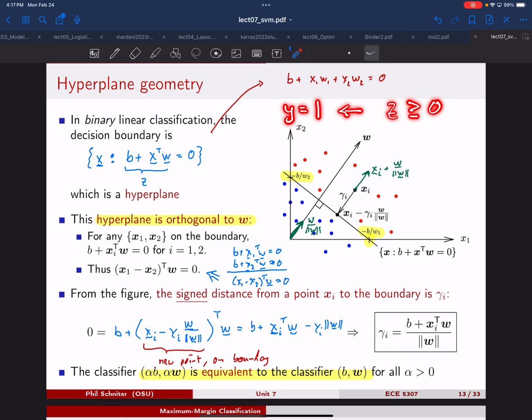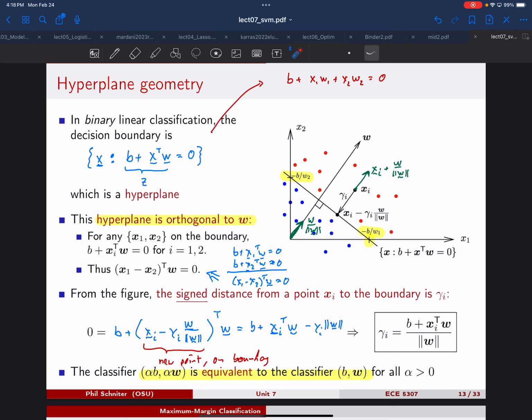So if we flip the sign on z, that means we would flip our decisions between the positive and negative class. This is why we only want to consider positive scalings, otherwise we'd flip what side of the classifier boundary the red and blue points lie on.